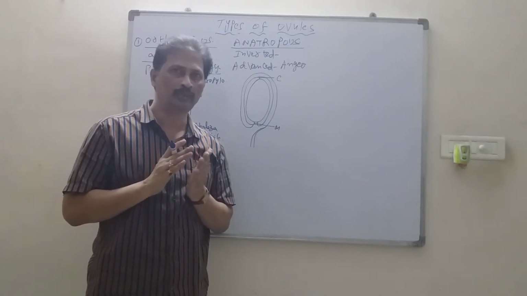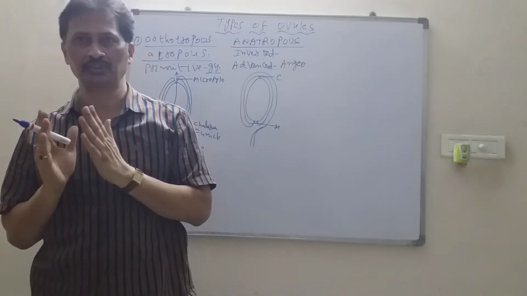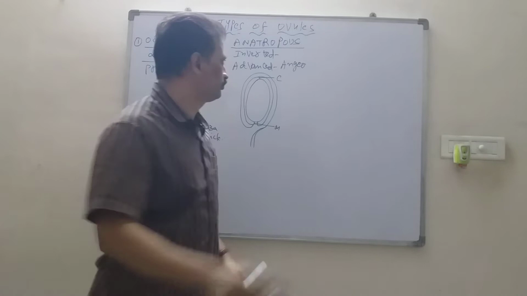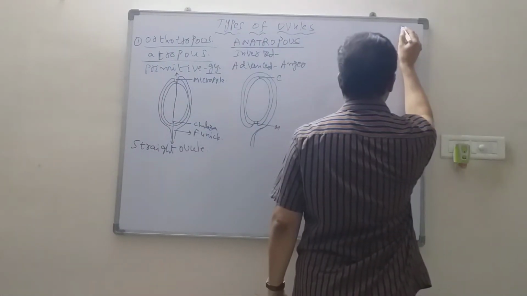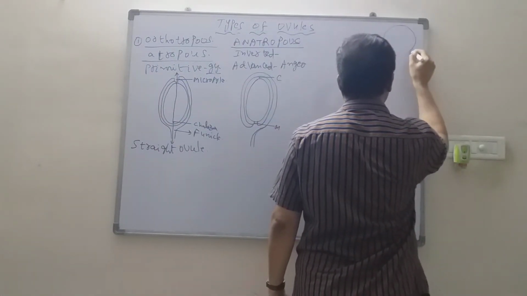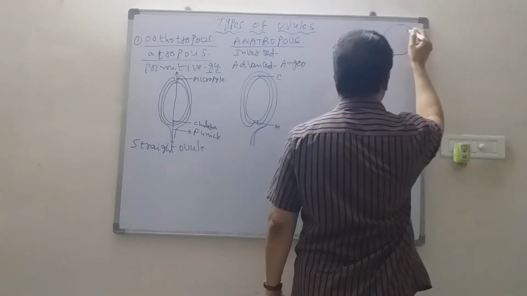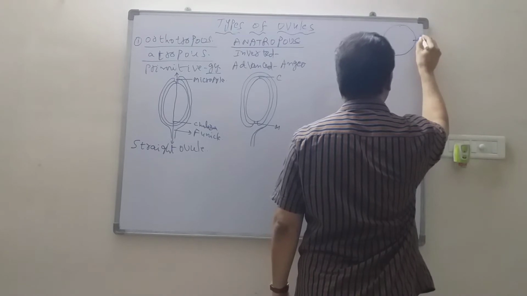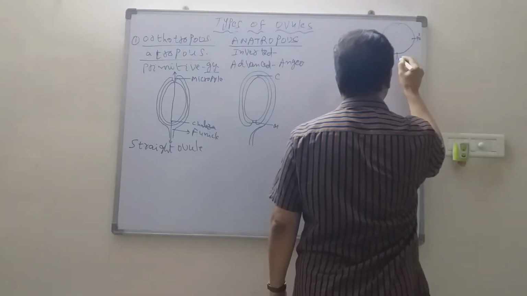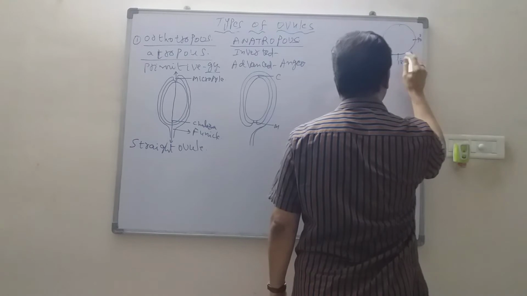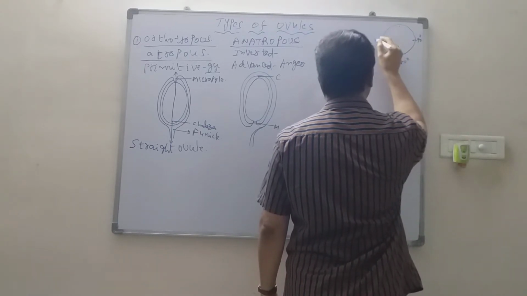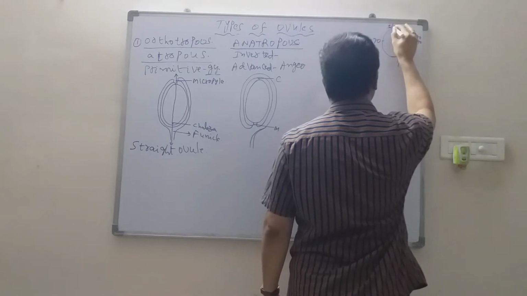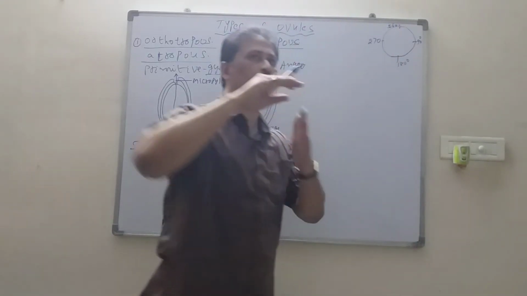So it is also called the inverted ovule. Through how many degrees does the orientation of the body of the ovule take place? That is the question. Suppose it is a circle and you start from here. If you reach here, this is 90 degrees, this is 180 degrees, this is 270 degrees, and this is 360 degrees, a complete rotation.